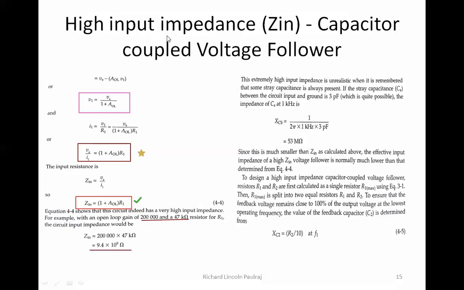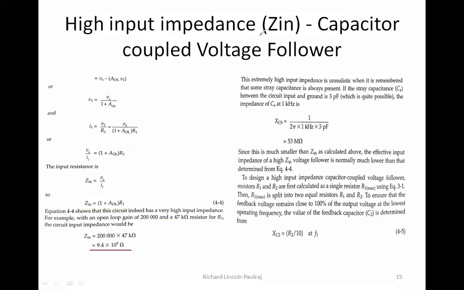Yes, it is 53 mega. The only extra thing we are doing here is taking the stray capacitance into consideration, so it was 1 by 2 pi f times C. So we are getting about 53 mega.